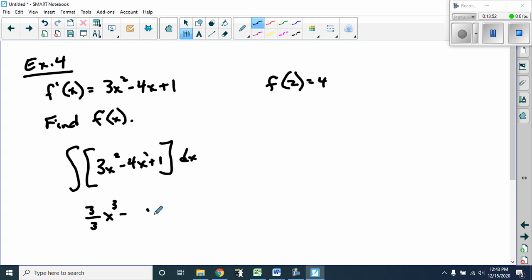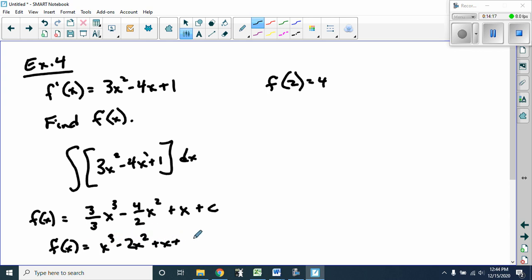Add 1 to the exponent, divide by that. Here, what has a derivative of 1? 1x has a derivative of 1. So we get f of x is equal to x cubed minus 2x squared plus x plus c.